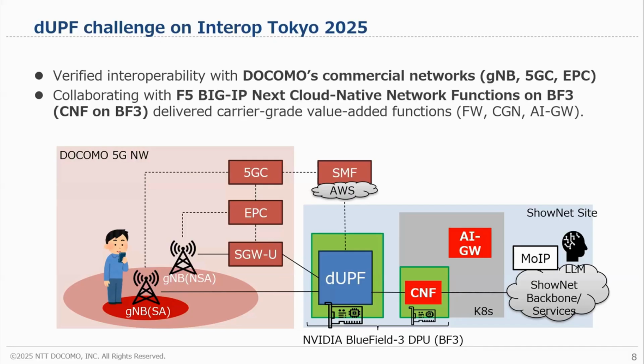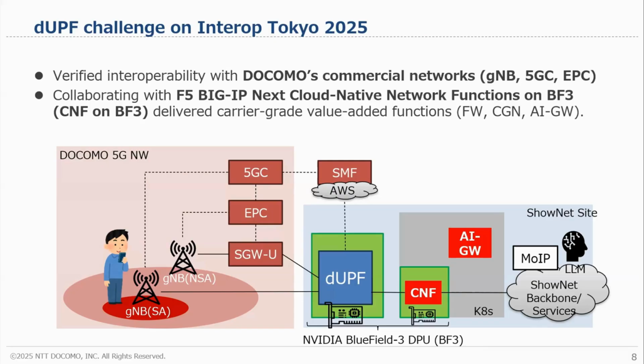As shown in this diagram, only devices with dedicated SIM cards were accommodated in the DUPF. And the RAN and 5GC functions other than the DUPF were running on the commercial environment, which actually accommodated other general user devices.